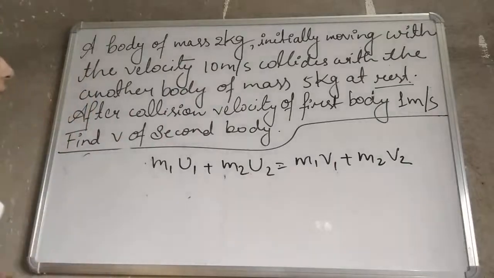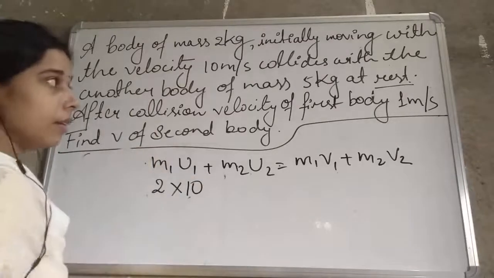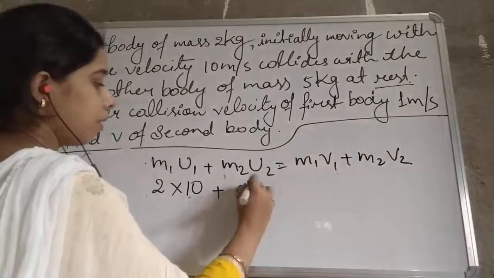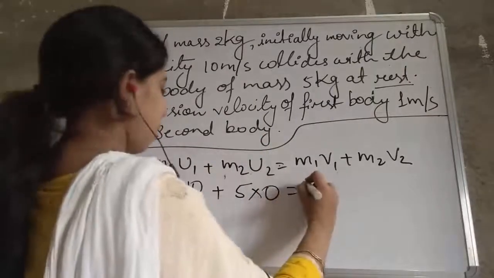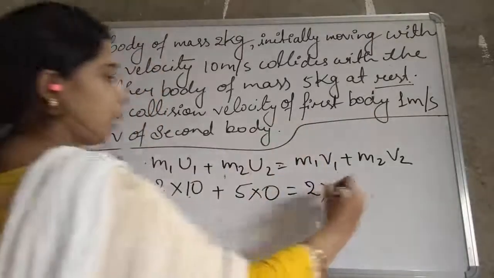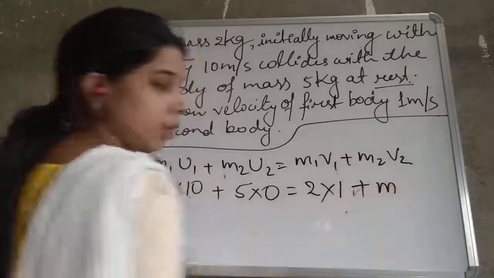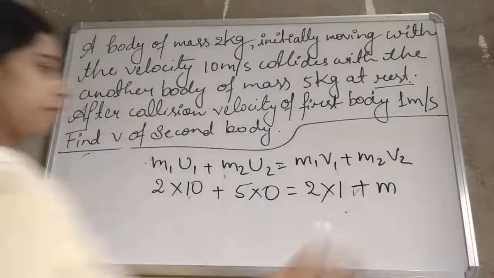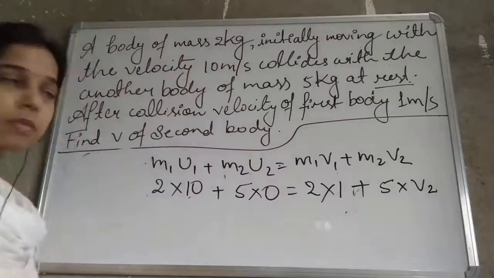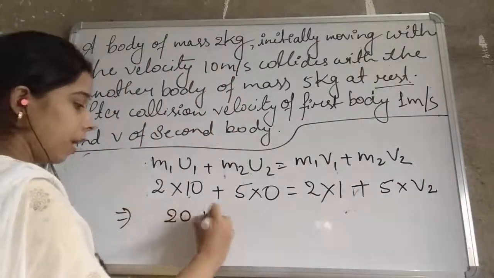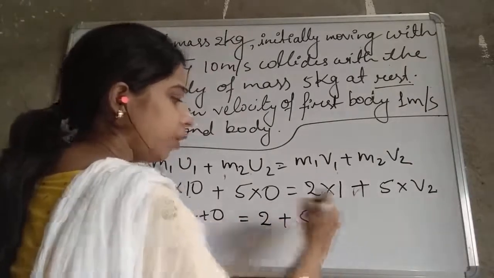So m1 is 2 kg into u1, which is 10, plus m2 is 5 kg into u2, which is 0, is equal to m1, 2, into velocity 1, plus m2, which is 5, into v2. See here, 20 plus 0 is equal to 2 plus 5 v2.